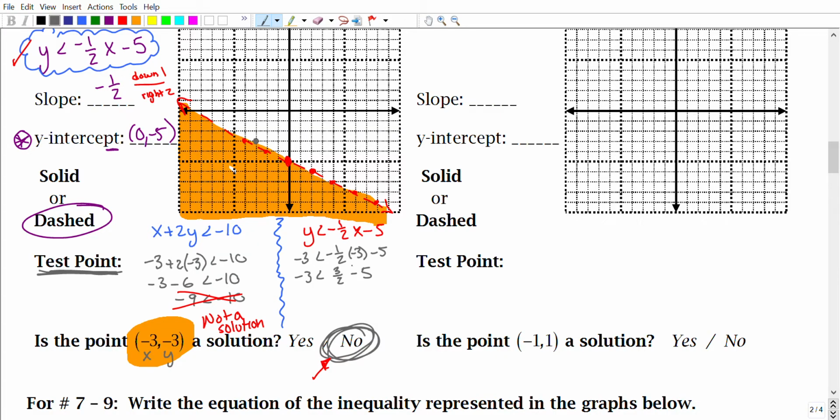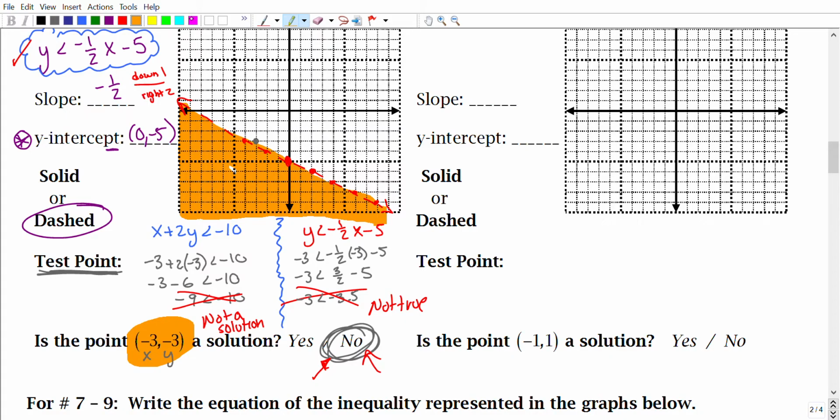So then we have -3 is less than, if you actually calculate this out, this is a -3.5, or again, it would be a -7/2. But I'm only writing it as a decimal to make the point clear here. Is that true? No, it's not. Not true. So again, the answer is no. -3 is not a solution.